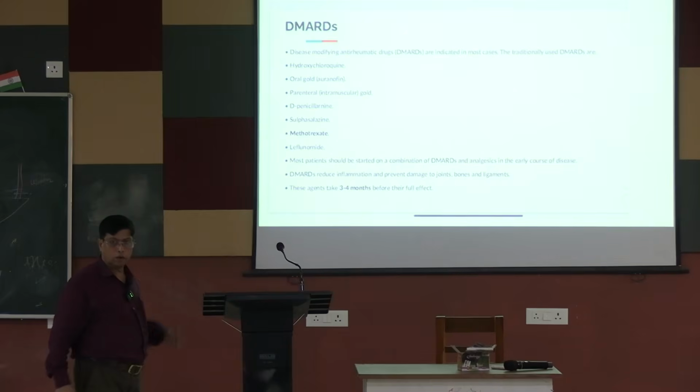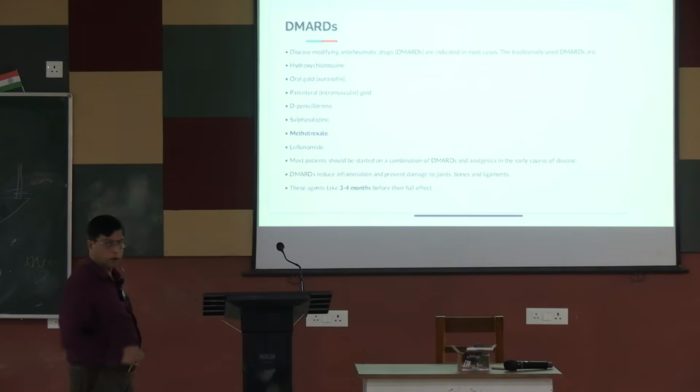Now, DMARDs are very important. DMARDs are disease modifying agents. These are specific for rheumatoid arthritis. Many are available, but you have to remember a few. You should remember methotrexate, leflunomide, hydroxychloroquine, and sulfasalazine.